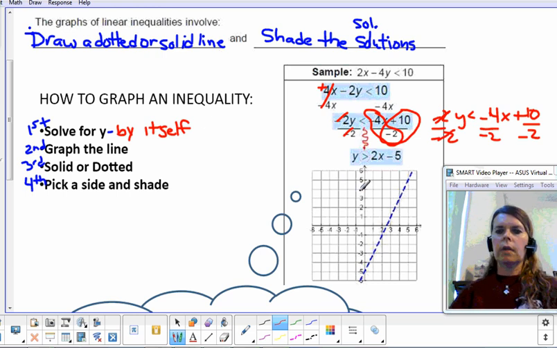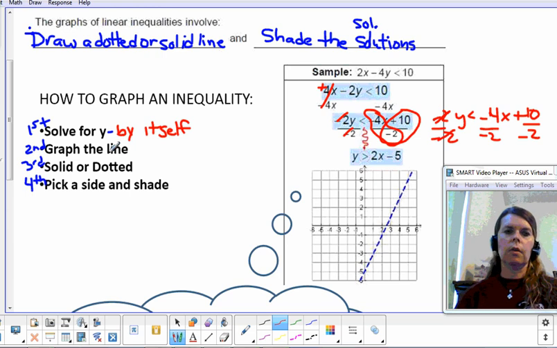So now how do you graph it? Well, first we're going to decide where the line goes. So you start at your y-intercept, negative 5. That's your b. y equals mx plus b. In this case, it's y is greater than mx plus b, and I'm going to keep the greater than sign.